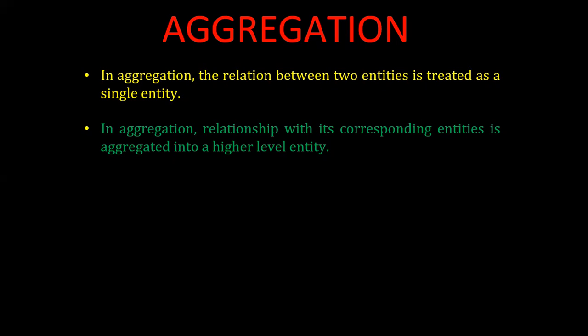So we'll be having two entity types and one relationship between those entity types. Now these entities and the relationship can be combined and treated as a single entity. That is, the relationship with these corresponding entities will be aggregated to the next higher level entity.